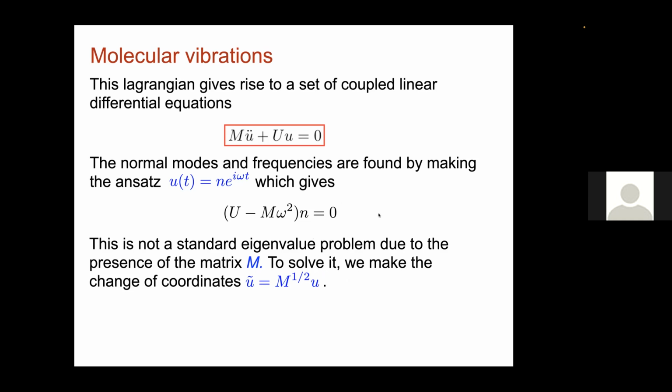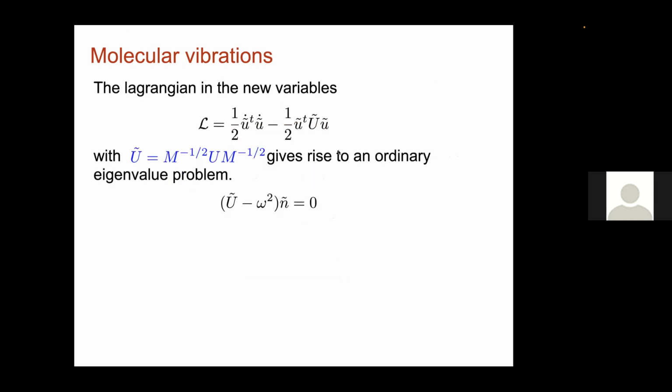eigenvalue problem. Then, if you use this transformation here, and also this transformation with the mass matrix, you end up with this Lagrangian. The kinetic energy becomes just the unit matrix, basically because we have incorporated the masses into the definition of the displacements. And then this matrix, the new potential matrix, is related with the old one by this.